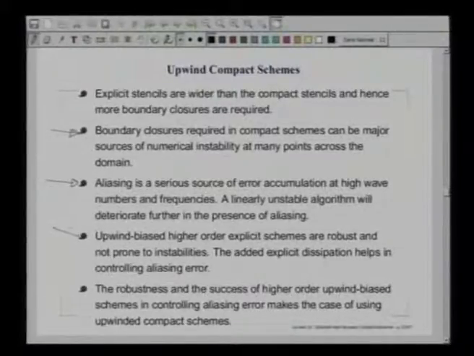So, upwind schemes are desirable for many reasons. However, they should be robust, and that will give us two positive attributes. Number one, they will add to numerical stability, and they will also reduce the numerical issue of aliasing.